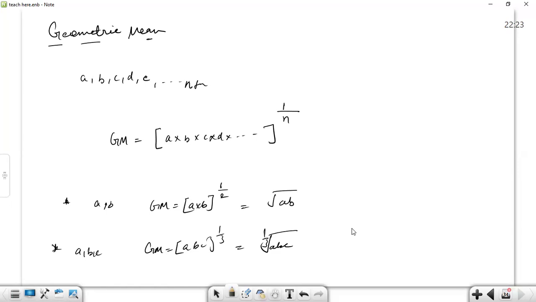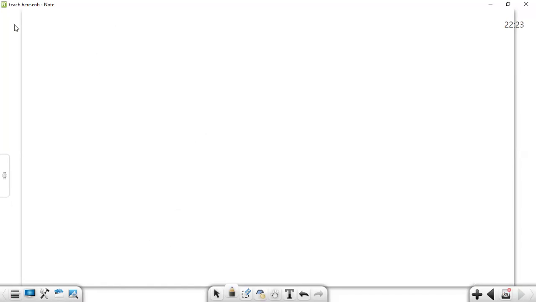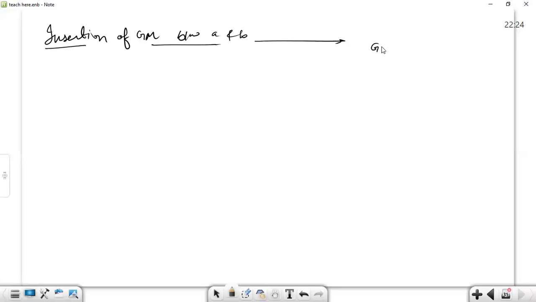So let's discuss the insertion of geometric means. Geometric means between A and B, and what is its objective? To make a sequence, to make a GP. By inserting, like there are A and B, and we are inserting some geometric means in between them, and now this new sequence is in GP.